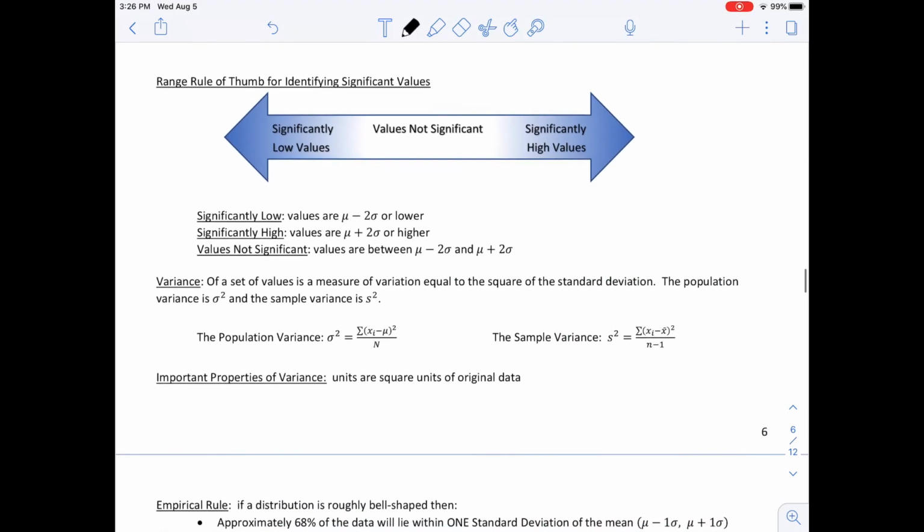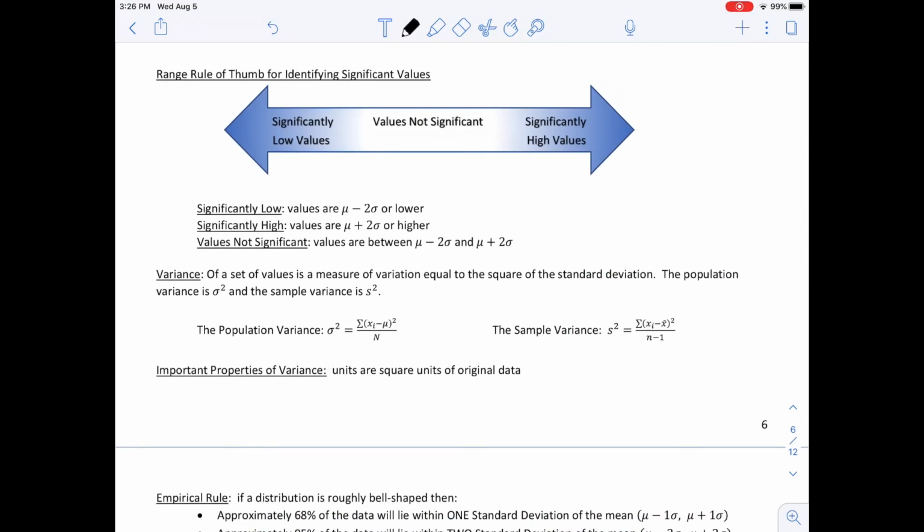The next thing right below this is the range rule of thumb for identifying a significant value. So our values that are not significant are centered around the mean, which I'm going to go ahead and use mu. We're going to go out 1 and then 2 standard deviations both ways.